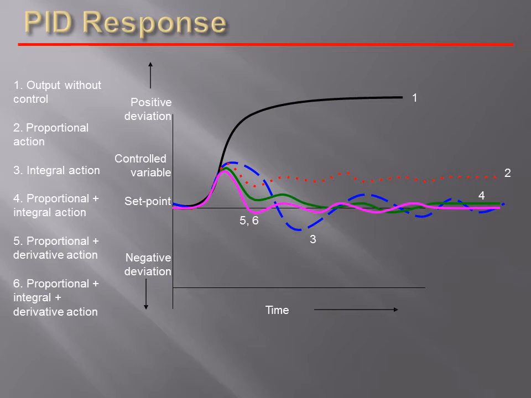Third, the blue line, shows the integral action. The fourth line, shown in green, shows the proportional plus integral action. The fifth shows proportional and derivative action, and the sixth shows proportional plus integral plus derivative action. Both fifth and sixth are almost the same actions.